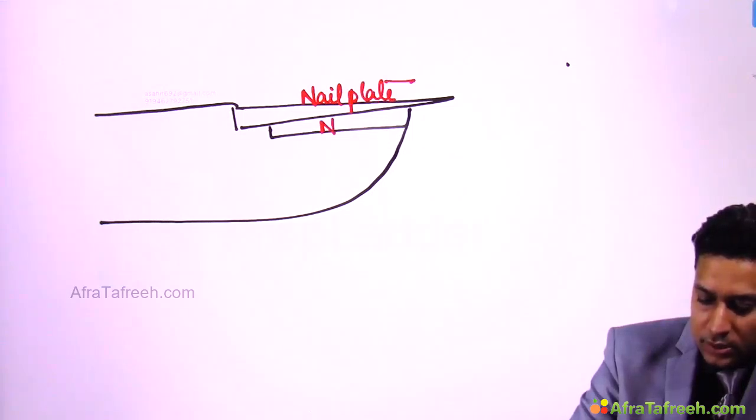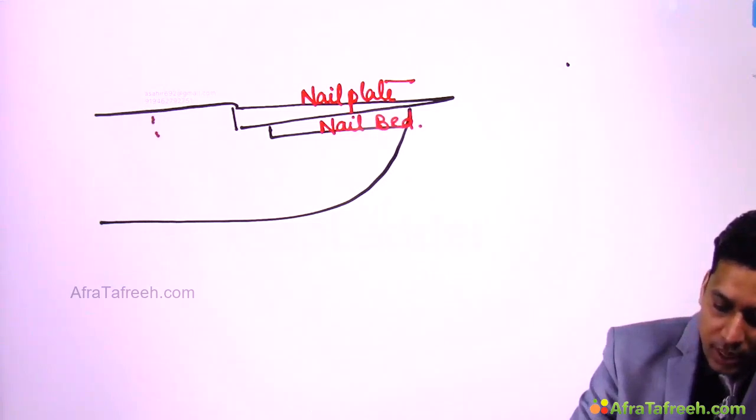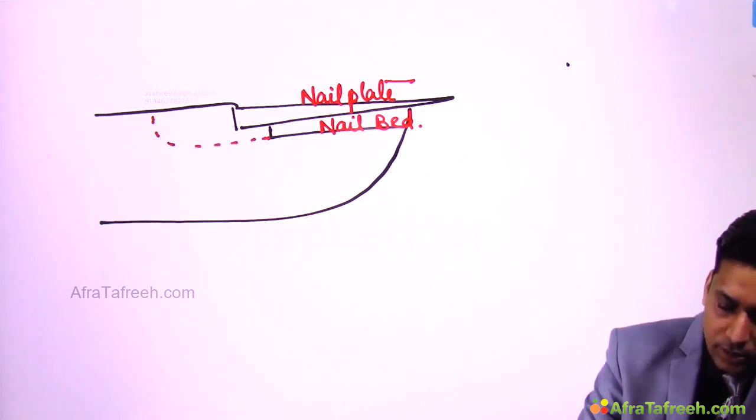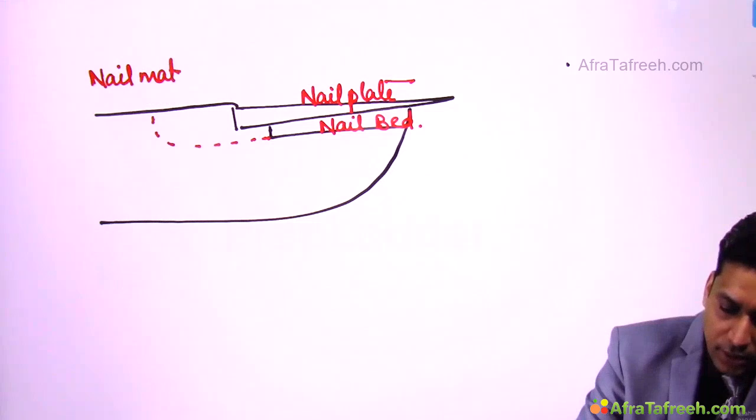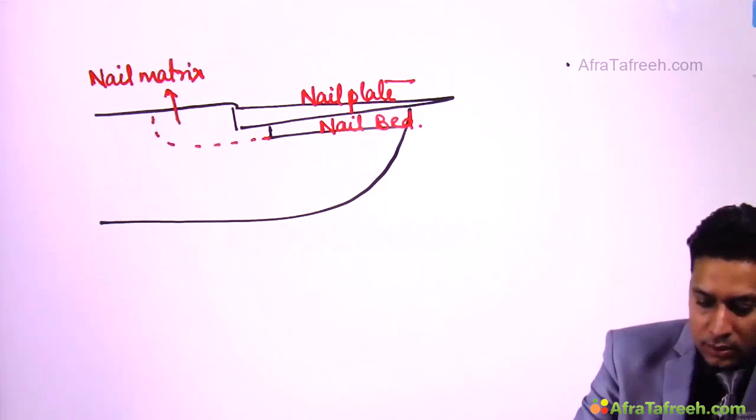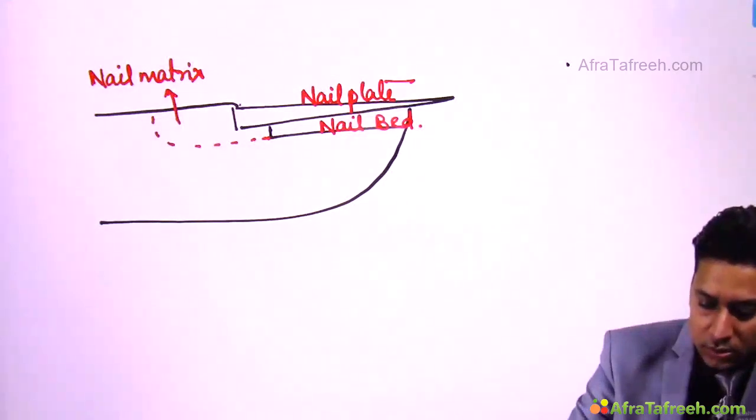Below the nail plate is the nail bed. Behind them is the nail matrix. Then there are two junctions, this junction and this junction.